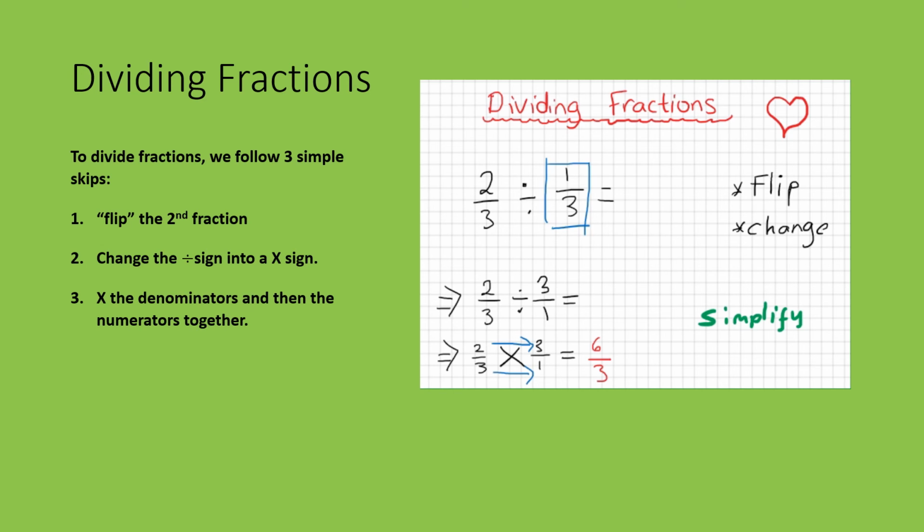You find out how many 3s there are in 6. So let's do a bus stop method here. How many 3s are there in 6? There are 2. So the answer is 2 wholes, because there are no remainders. There are no remainders, and that is the answer.